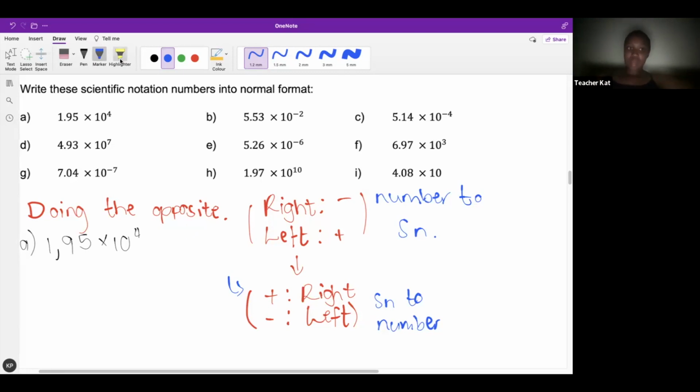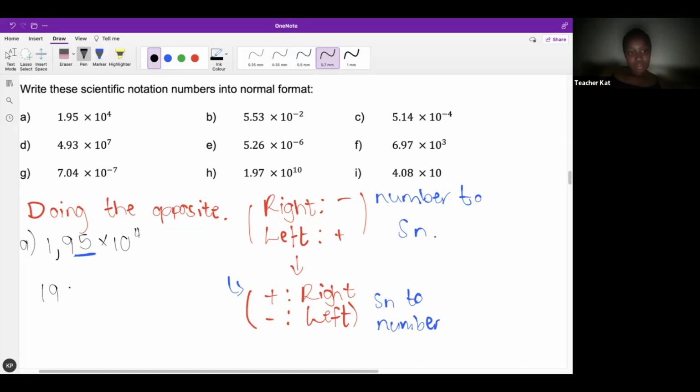To the right. How many times? 4 times. But now we have a problem because I only have 2 numbers here. So once you run out of numbers, what do I put instead of numbers? Zeros. Beautiful, guys.